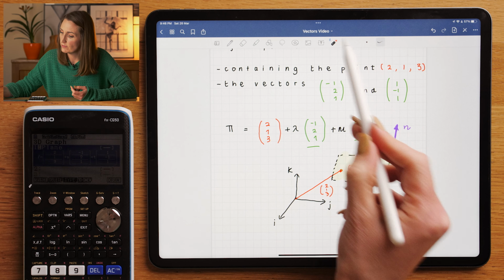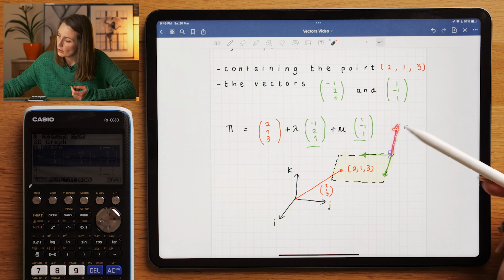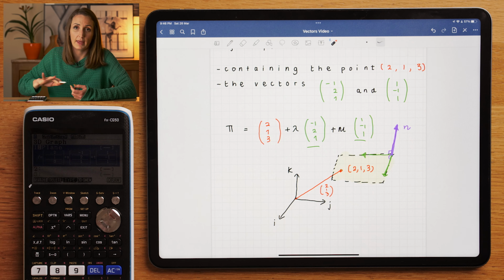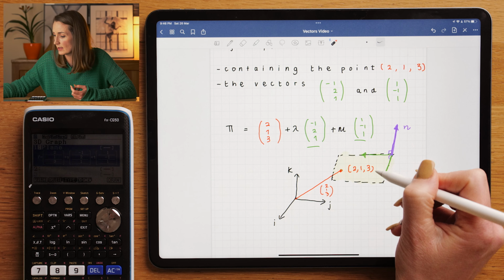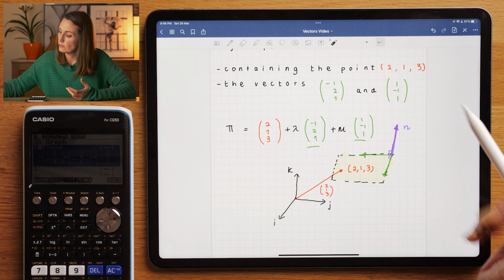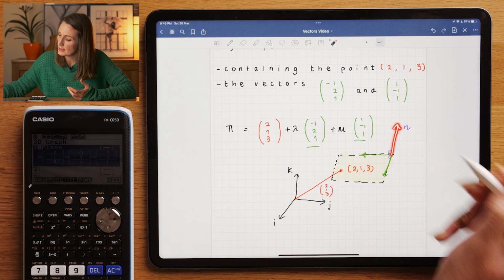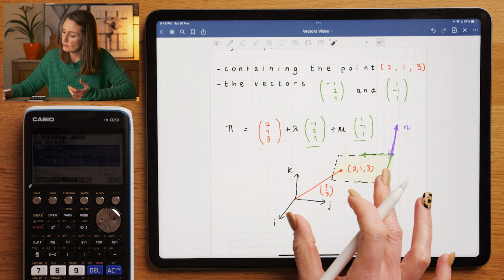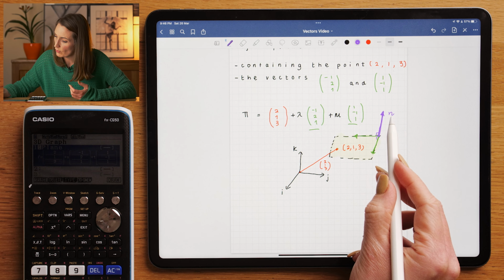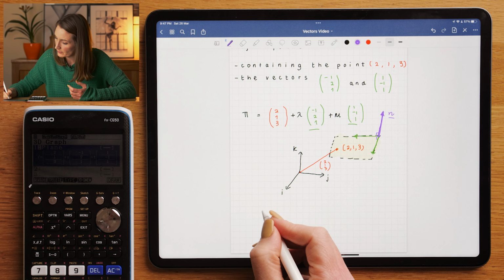So this vector is going to be perpendicular to this whole plane. There's going to be a right angle. So if you imagine the plane like a piece of paper, we talked about that before, this would be sticking out at a 90-degree angle. So let's use the cross product to find the vector n.